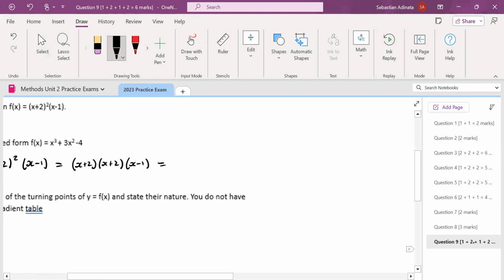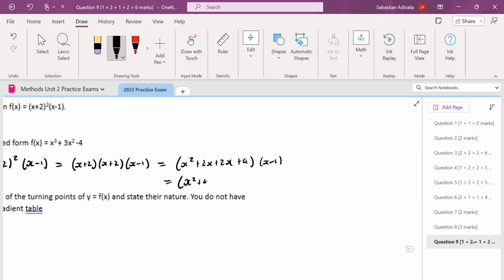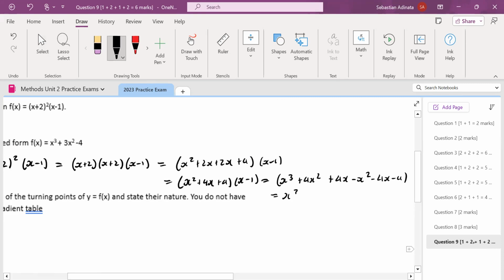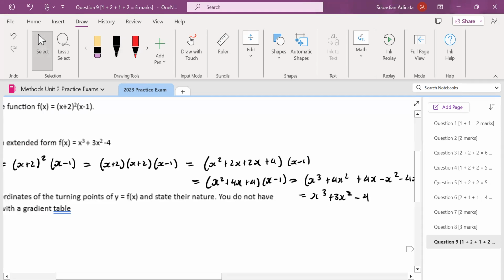Turns into x squared plus 2x plus 2x plus 4, x minus 1. Simplify this out. That equals x cubed plus 4x squared plus 4x minus x squared minus 4x minus 4 equals x cubed plus 3x squared plus 0 minus 4.